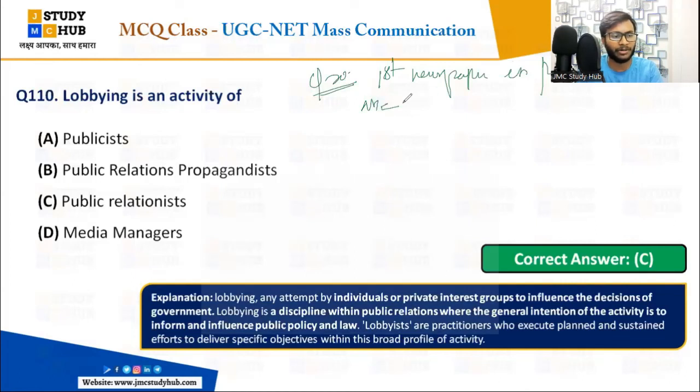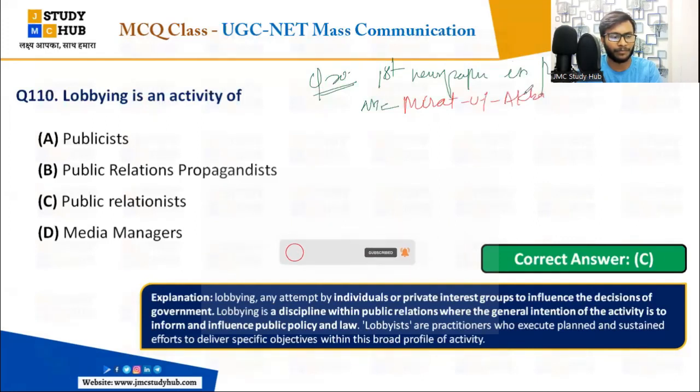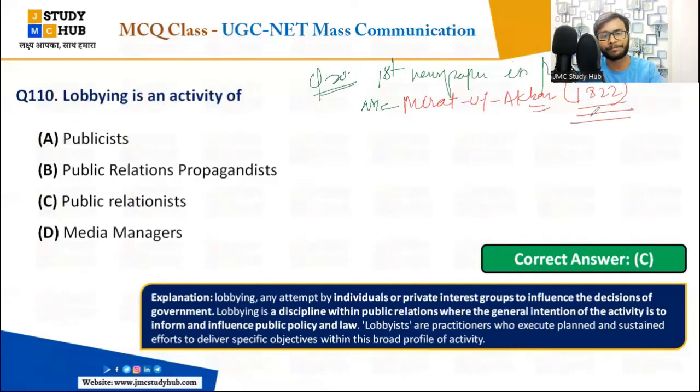Very good, given by Tendril. Yes, that is Miratul Akhbar. Okay. 1822. Yes, very good. Very nice. So these were all the 20 subjective questions that we read here, and also the 10 objective questions, along with the descriptions and solutions. Okay.